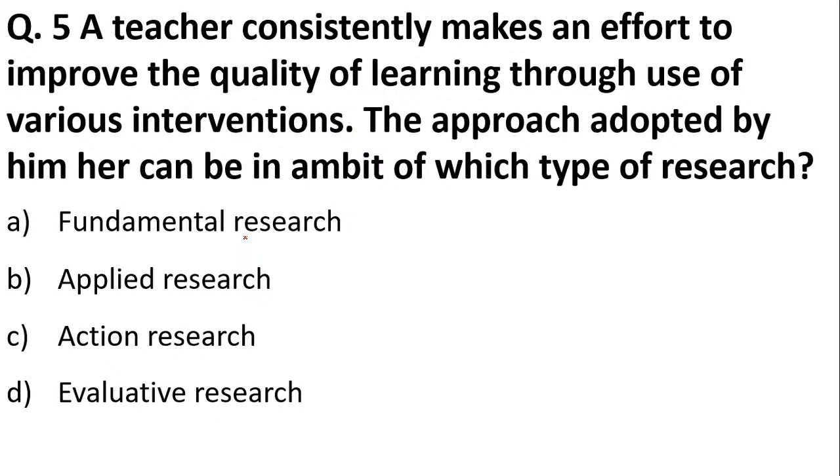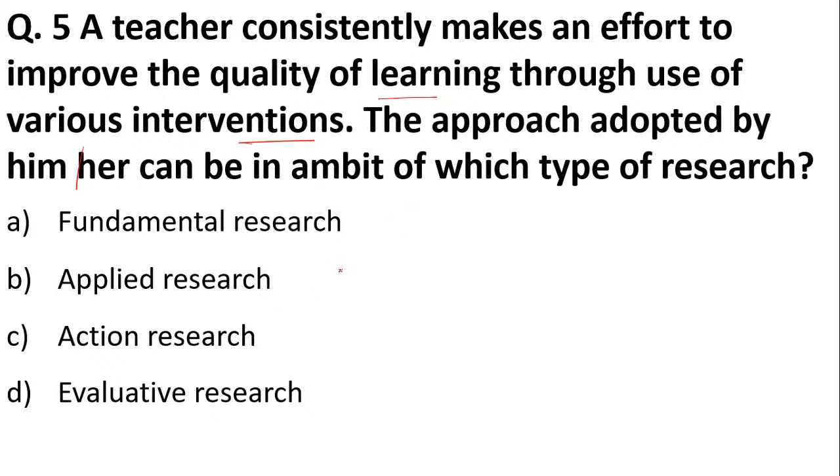A teacher consistently makes an effort to improve the quality of learning through use of various interventions or various techniques. The approach adopted by him or her is in the ambit of which type of research? So since the teacher is trying to improve the quality of learning, she is using some kind of research. So which research is she using?